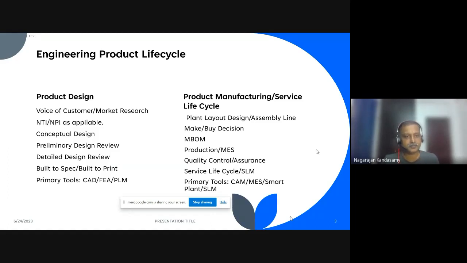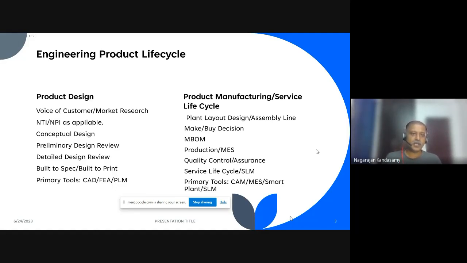For the discussion's sake, we'll take a simple product which we can all easily relate to. Maybe we can take an automobile or a car as an engineering product, and see how it undergoes the different stages of the product life cycle.